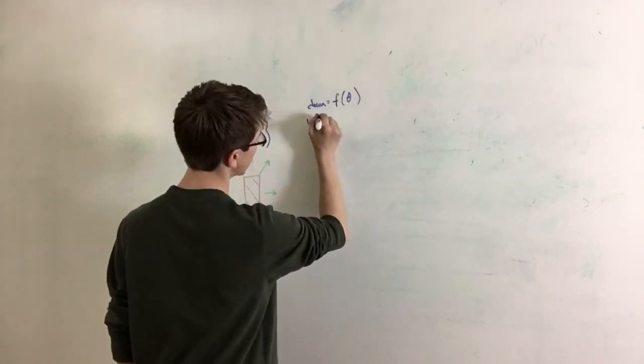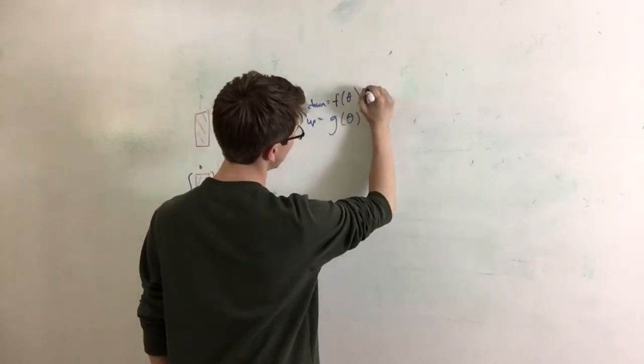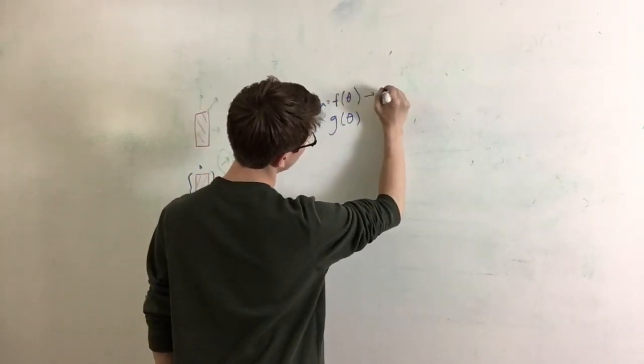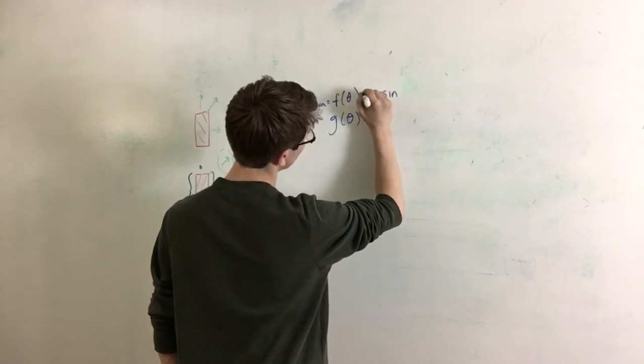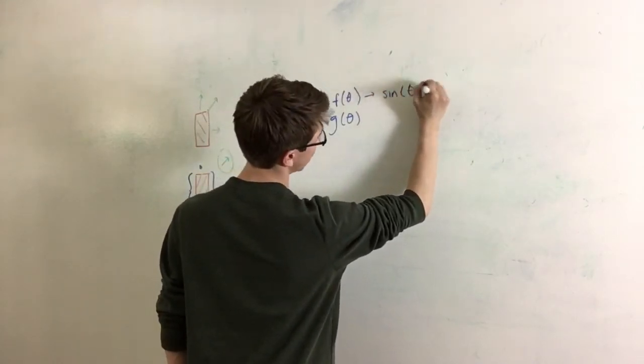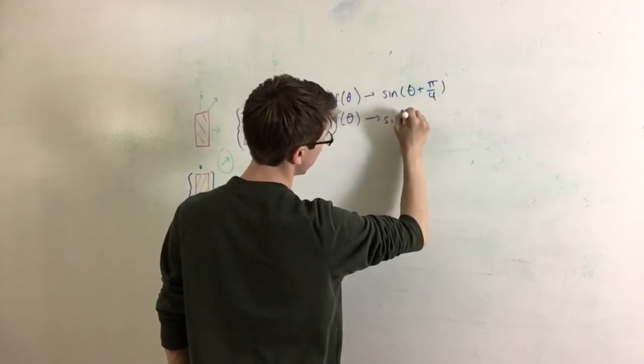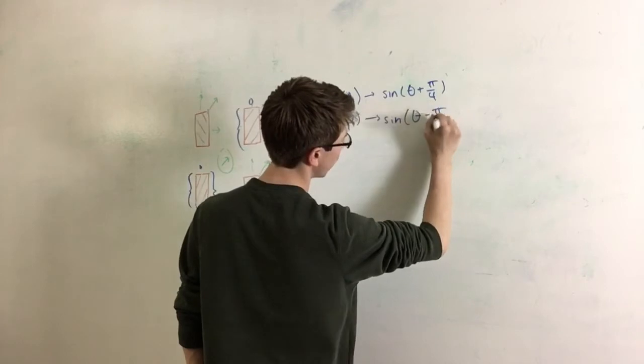And then the up is going to be another function of theta. And we already know that this is related to the sine of theta plus pi over 4, and this one is related to the sine of theta minus pi over 4.